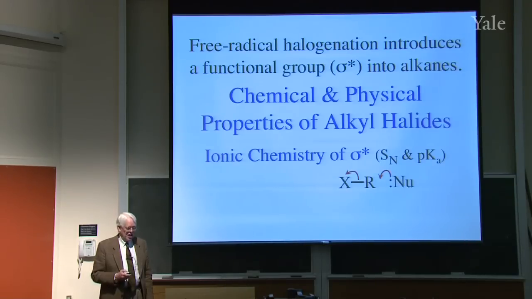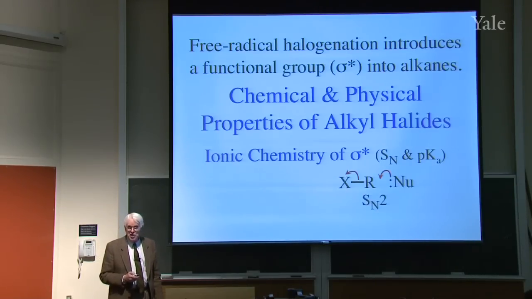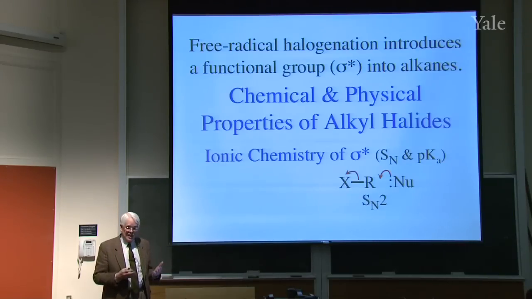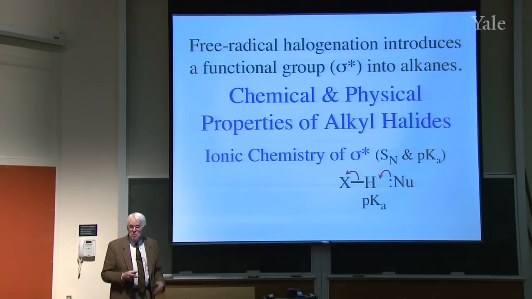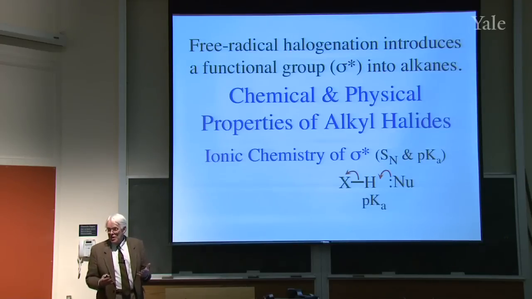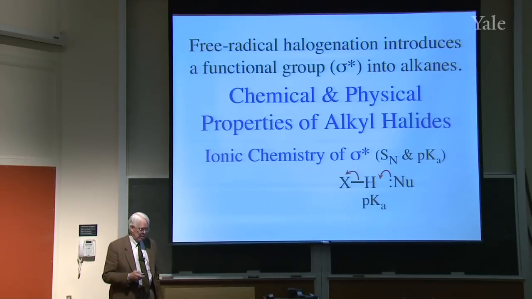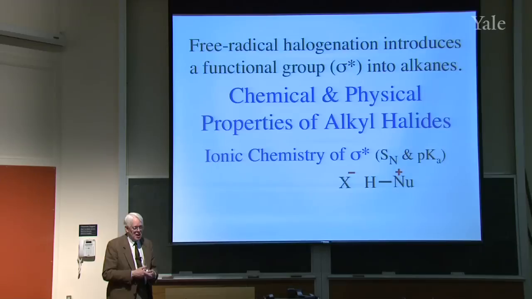And we have those in which the new electrons have gone into sigma star in order to help the X leave, and that's the SN2 reaction. And if the atom in the middle is H instead of R, then this same thing is acidity, right? We introduced this concept last semester, but we're going to talk about it in more detail in terms of reaction mechanisms now.